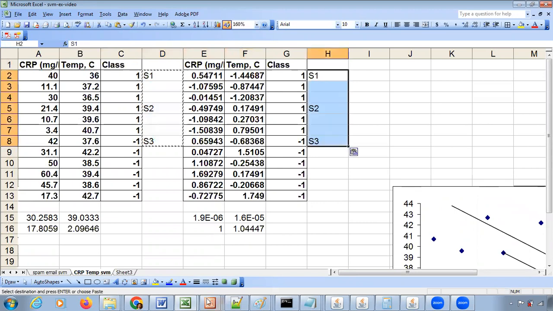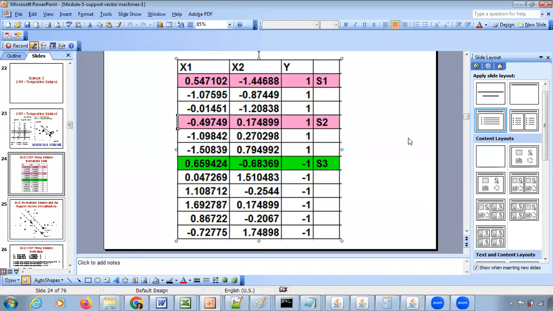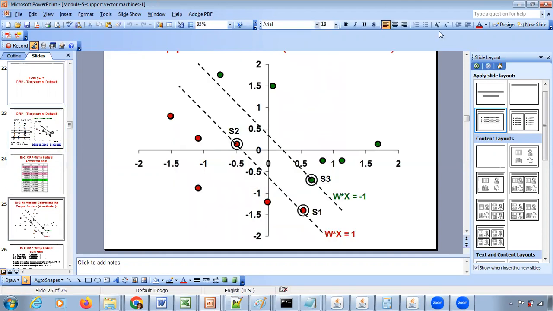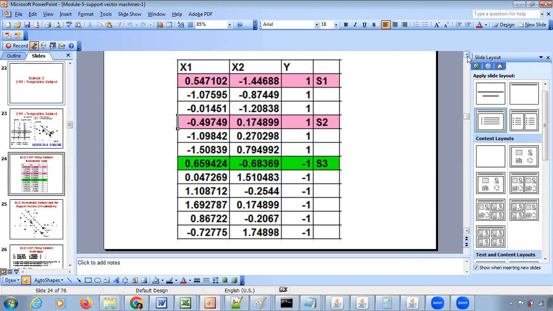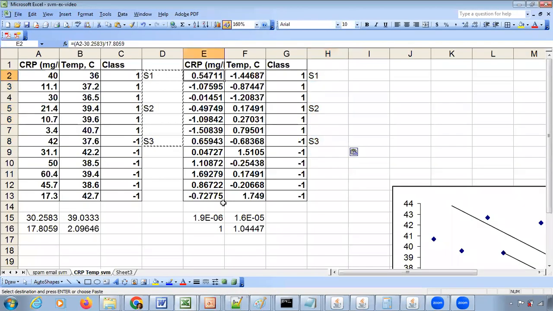So once we get that, using the support vectors, we can visualize the normalized coordinate system. It should be the same as the raw data system, but we can check.